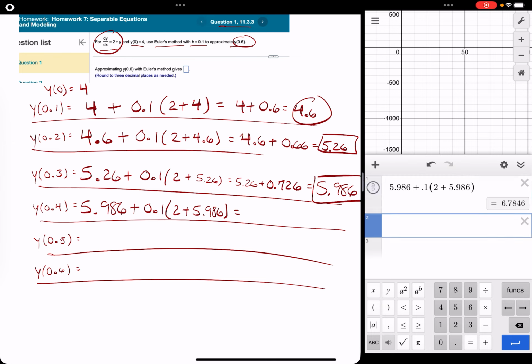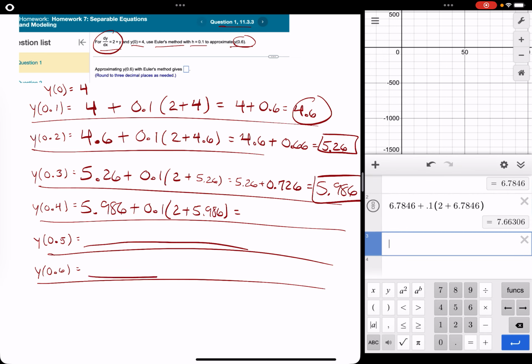In this second box here, I'm about to type y of 0.5. So it's going to be the previous y value, 6.7846, plus step size of 0.1 times the dy over dx, so 2 plus the previous y value, 2.7846. We get 7.66. So now we can calculate y of 0.6.